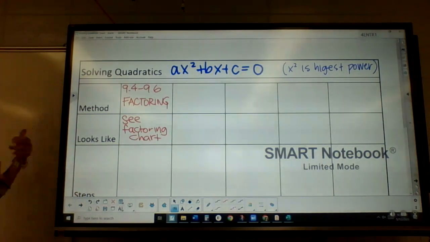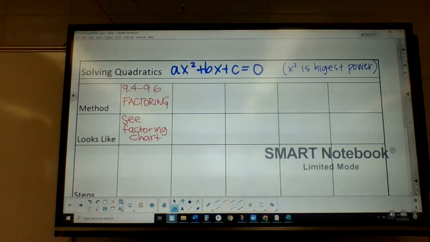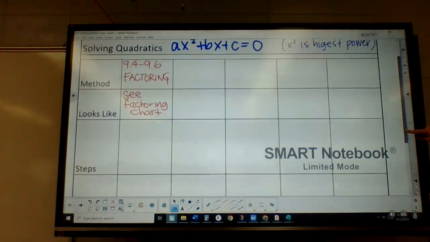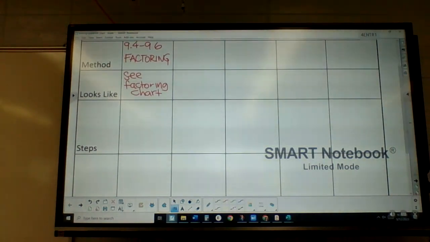So the different methods that we had with factoring, I'll show you a couple of different examples. So we can solve by factoring.